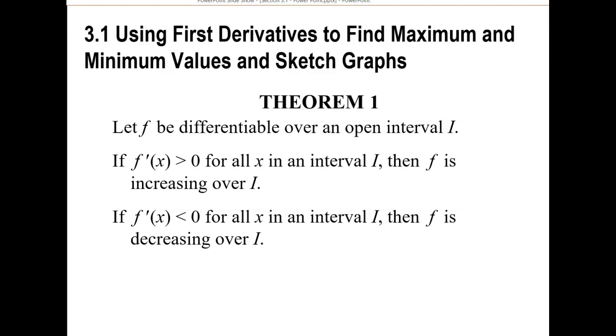So the first derivative being positive, greater than 0, means that the function is increasing. If the first derivative value is less than 0, meaning it's negative, for all x, then the function will be decreasing.